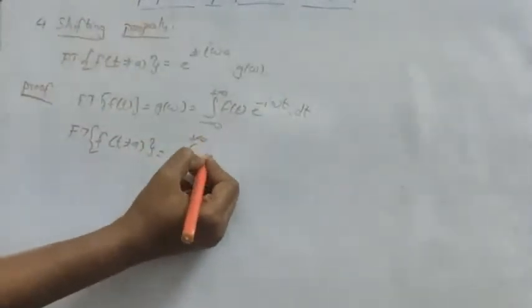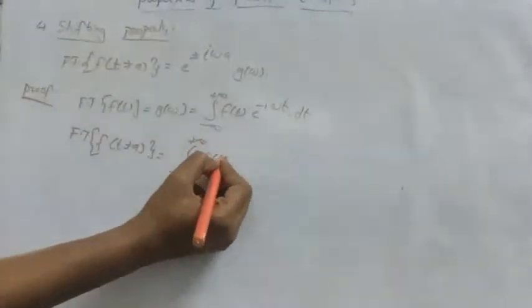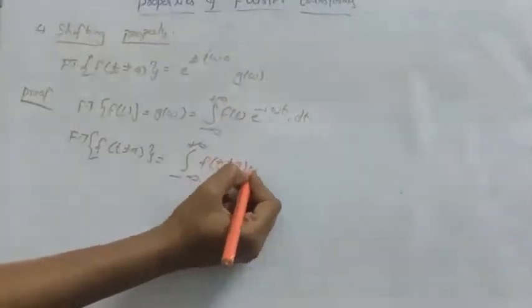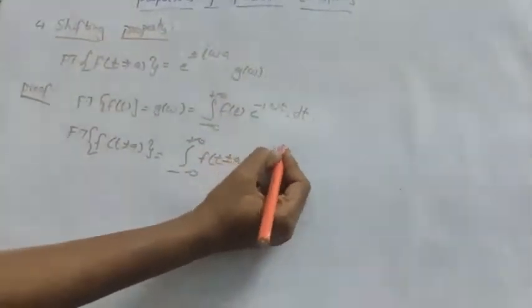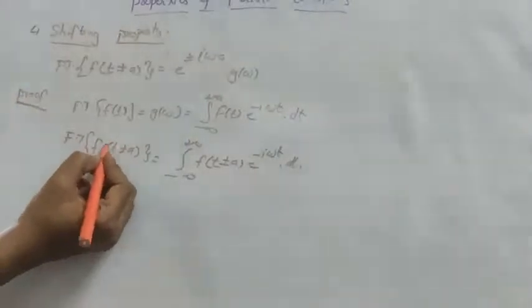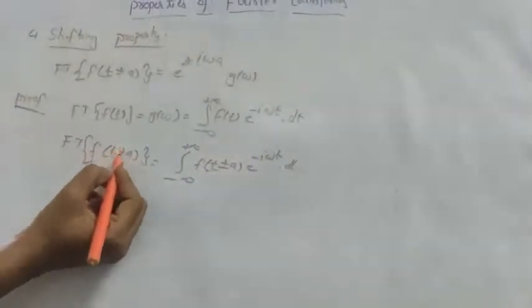We are going to express it by considering the above equation. So, what you will get? Integral minus infinity to plus infinity f of t plus or minus a e power minus i omega t into dt. Yes, just I have changed in place of f of t, I have kept f of t plus or minus a.